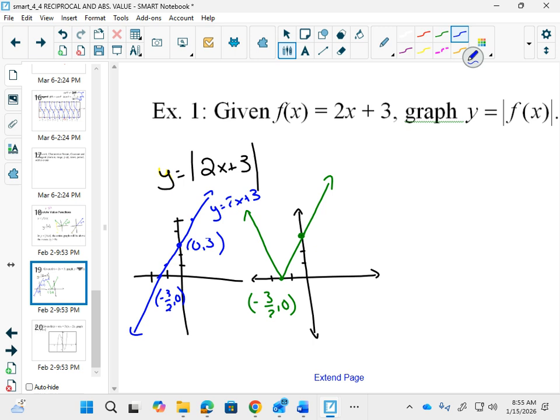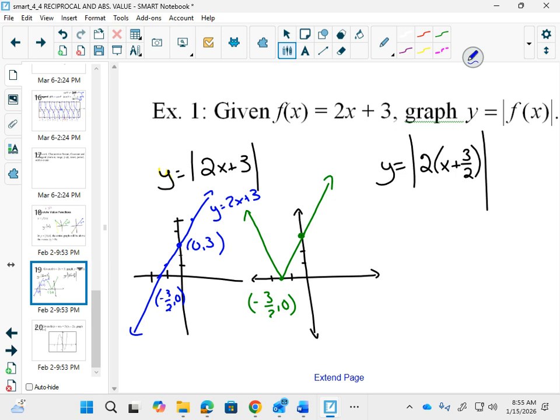If you did this with transformations, you have to be careful, because can you see that plus 3? You might think, oh, that's going to move it 3 to the left. But we look at our graph, it didn't look like it moved 3 to the left. It looked like it moved 1.5 to the left. Why? Because if you have a horizontal compression and a horizontal translation, you have to write it in factored form.